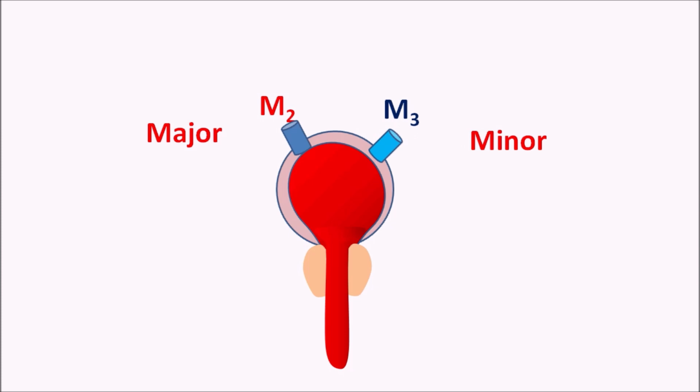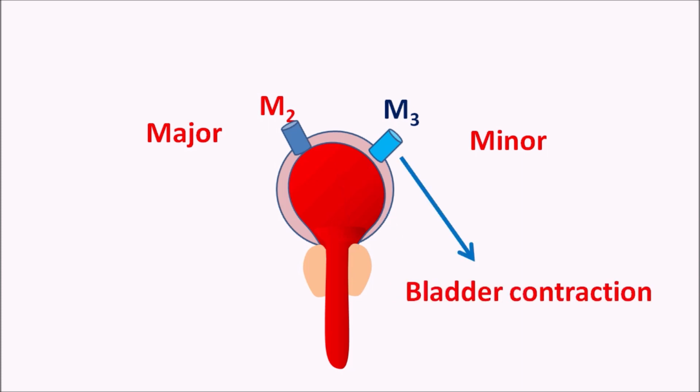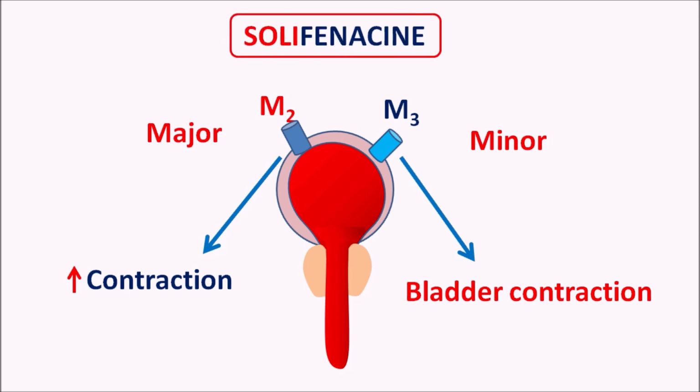But here the contraction of the bladder is mainly mediated by M3 receptors, so M3 receptors are responsible for bladder contraction. And M2 receptors can facilitate the action of M3 receptors so that they can increase the contraction of the bladder. Now, solifenacin can block these M2 receptors as well as M3 receptors so that it can produce bladder relaxation.